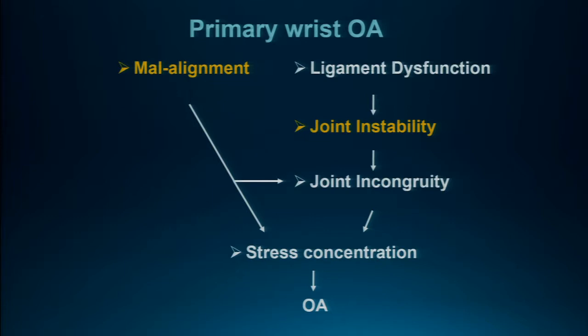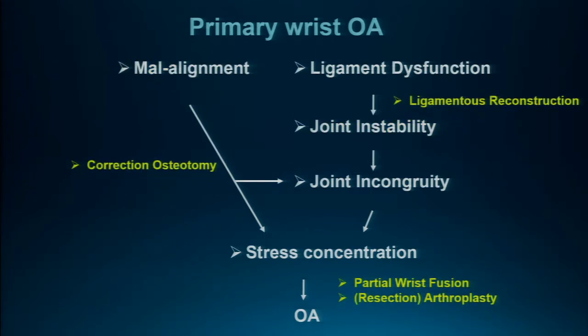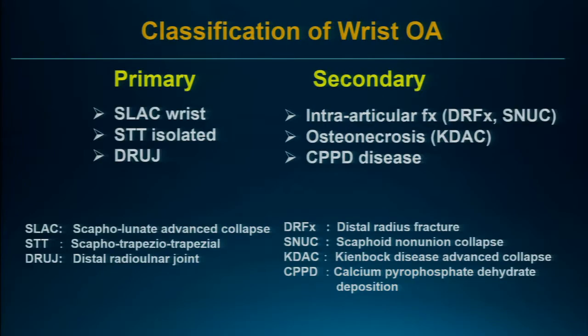There are two important causes of primary wrist OA, malalignment and joint instability. So the treatment is, if the osteoarthritis is mild or moderate, we can do a correction osteotomy for malalignment. For instability, we can do a ligamentous reconstruction. And for advanced OA, we do a partial wrist fusion, or arthroplasty with or without reduction.